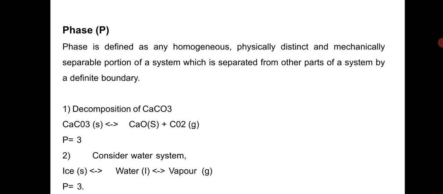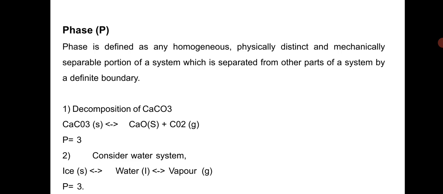Inside the beaker take 5 grams of sand, then add 1 cup of water. This system contains two phases, one is a solid phase and the other is a liquid phase. Each phase has a separate boundary layer. Each phase can be easily separated from one another. So this is a best example of a phase.